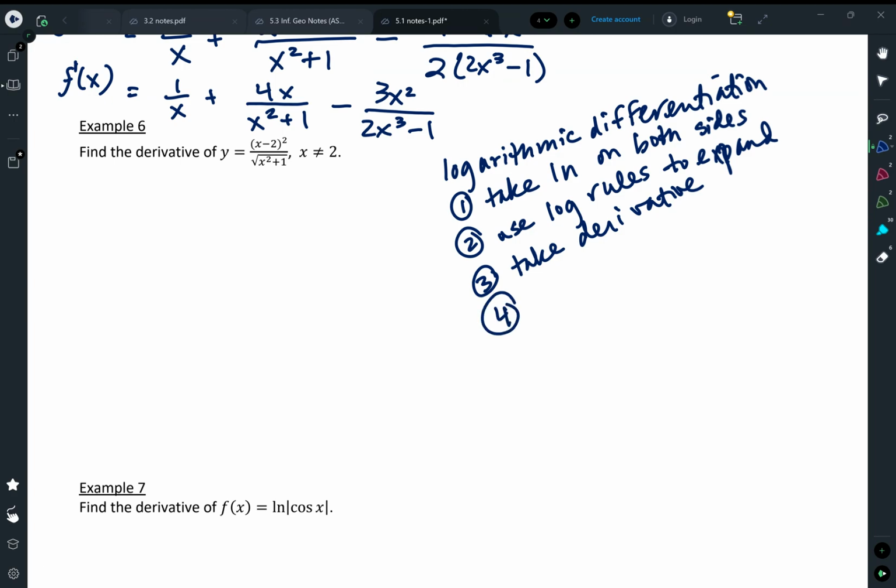So logarithmic differentiation, the first thing I want to do is take a log on both sides. So instead of y, I now have natural log of y. And we're using natural log because the derivative of natural log is really easy to work with. On the other side, I would write natural log of that big fraction.